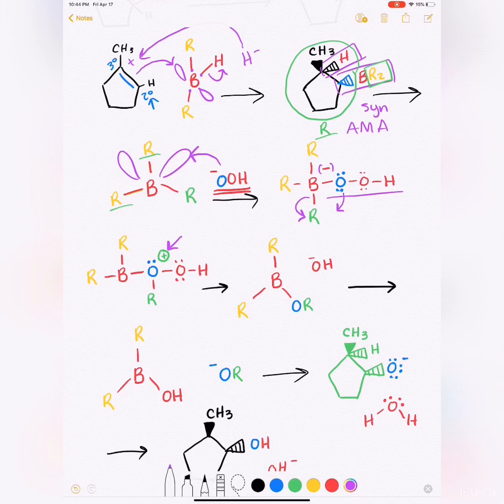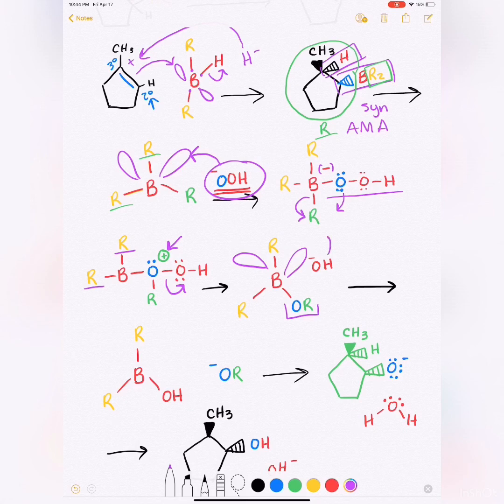In order for oxygen to once again become neutral, it's going to kick off this OH group. So now we have a yellow R group and a yellow R group that have not changed, and an OR group, which was created by adding this species here and kicking off the OH. Now the OH is still in solution, and boron still has these empty orbitals.